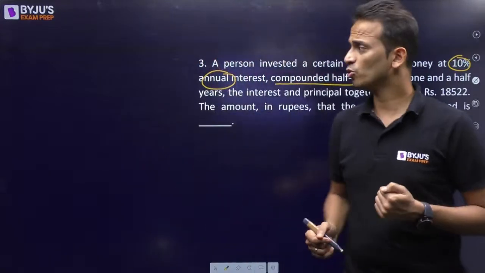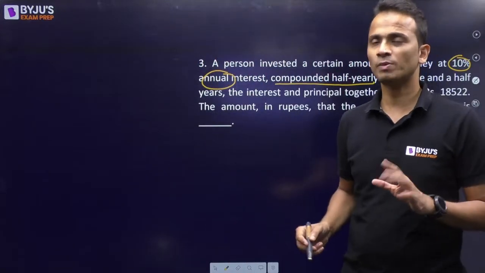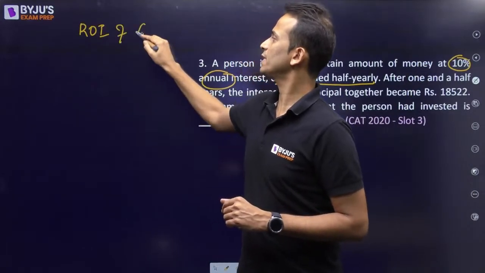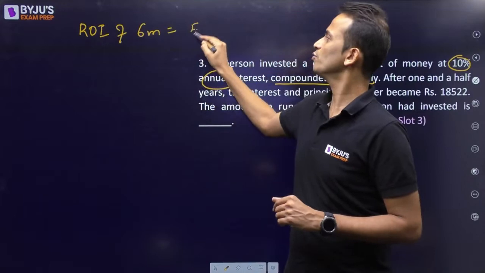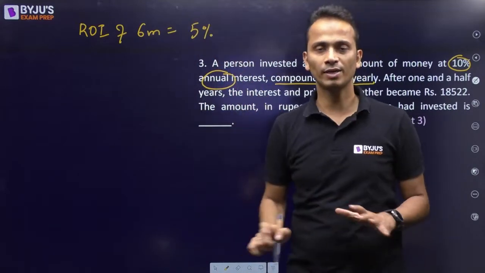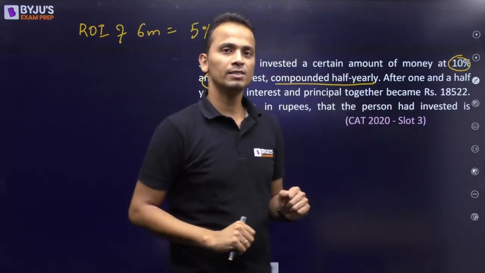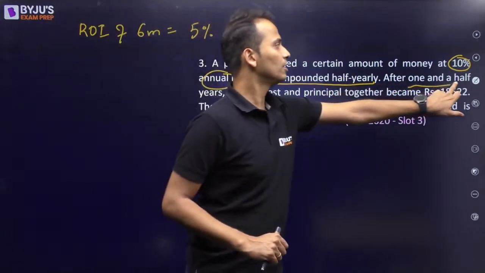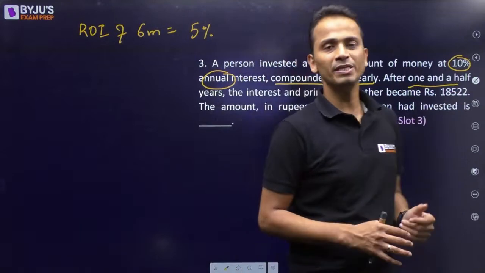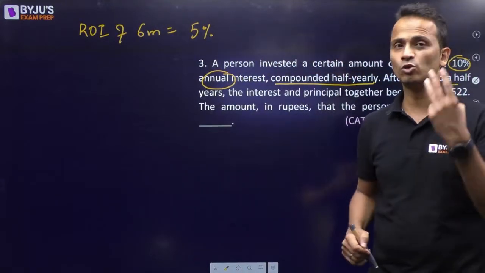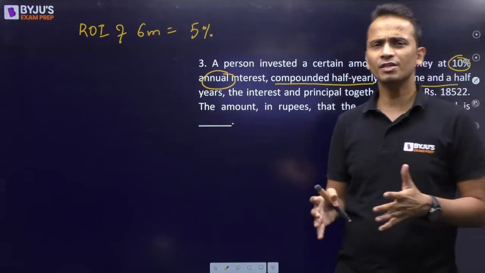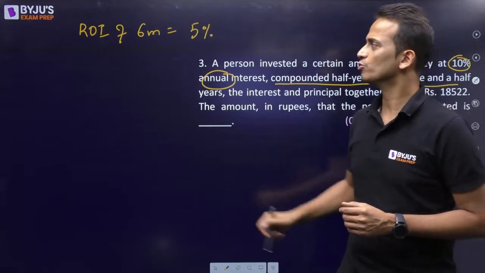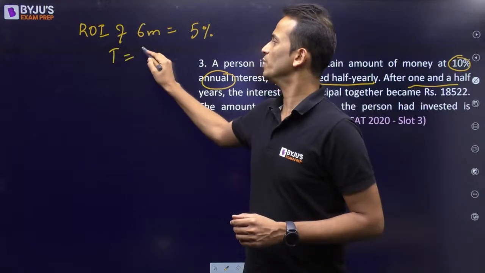So rate of interest for 6 months will be equal to 5%, right? And the amount was invested for how many years? 1.5 years. So 6 months के कितने periods हो जाएंगे? So the time period will be equal to 3. In 1.5 years, the number of time periods for 6 months each will be equal to 3.